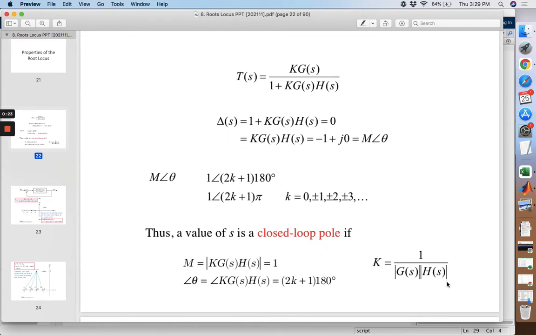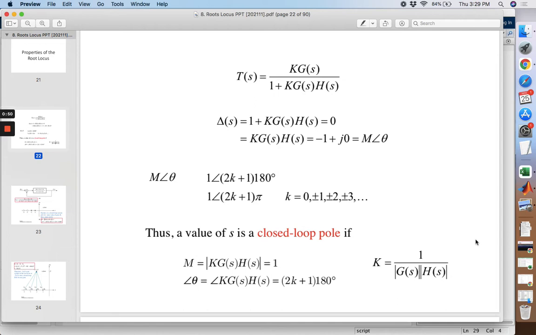Let's say we have the closed loop transfer function equal to KG(s) over 1 plus KGH. From this, we can get the characteristic equation, which equals 1 plus KGH equals 0. So KGH equals negative 1 plus j0 in Cartesian form, and in polar form, we have magnitude and angle theta.